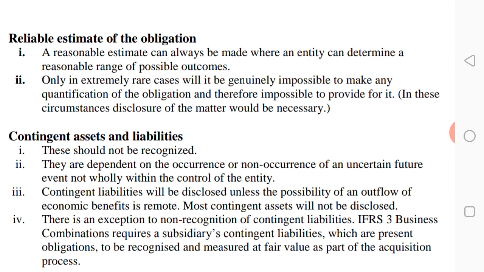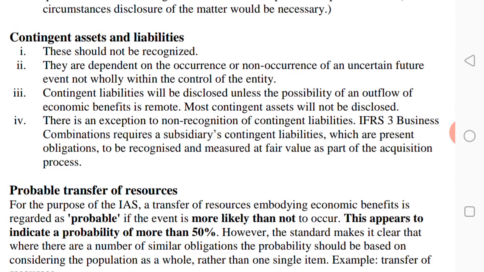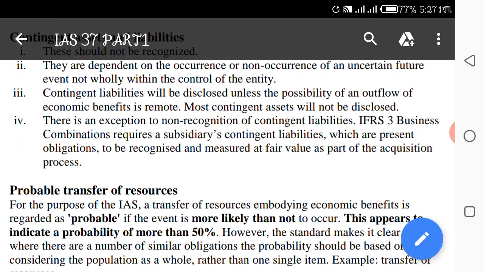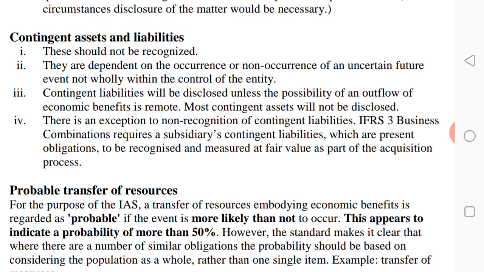Only in extremely rare cases will it be genuinely impossible to make any quantitative estimate of the obligation, and therefore impossible to provide for it. Contingent assets and liabilities. Let's talk more on contingent assets and contingent liabilities.